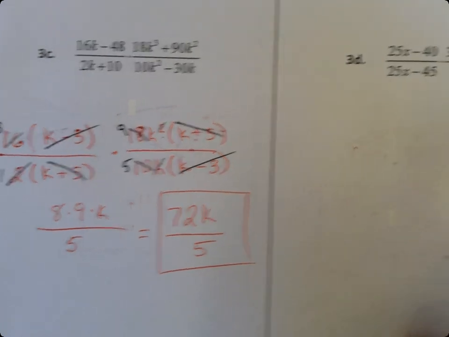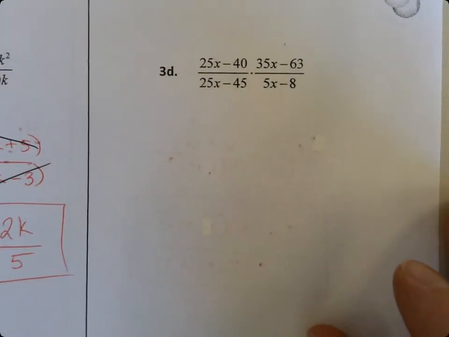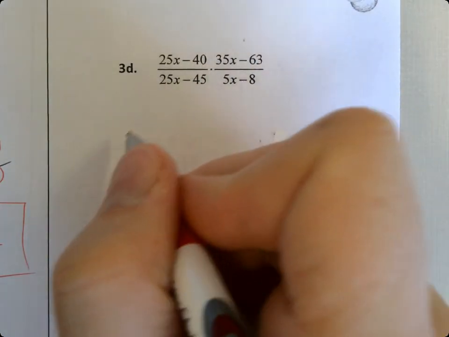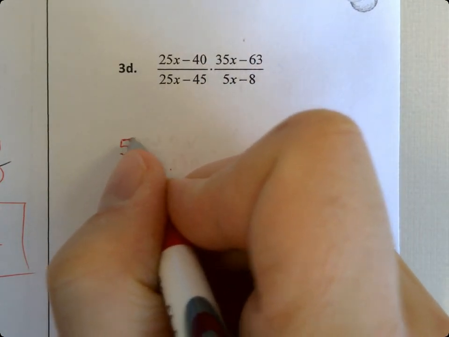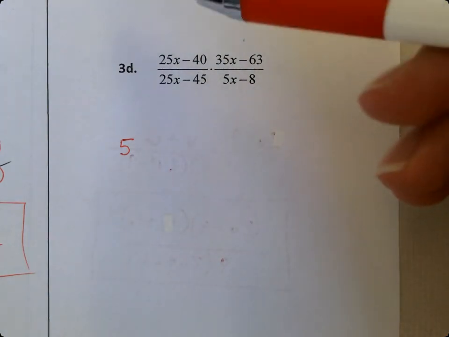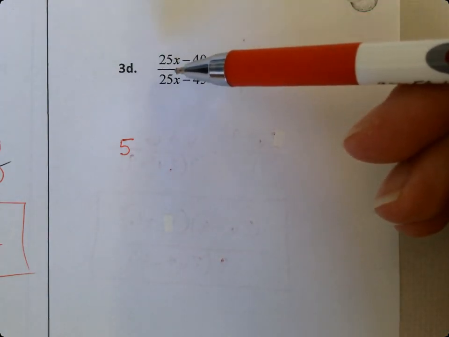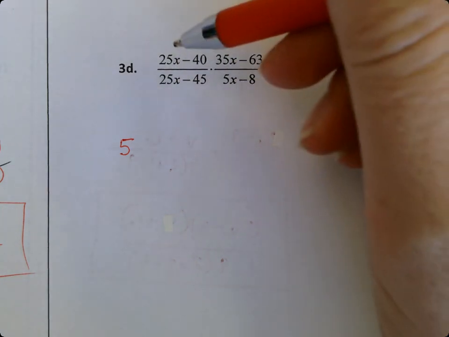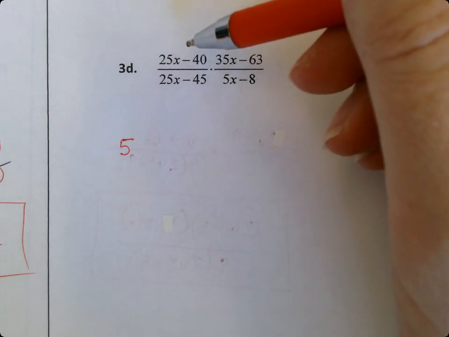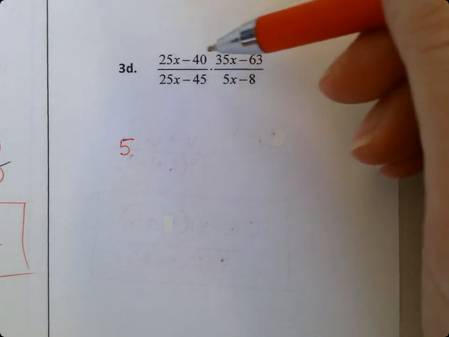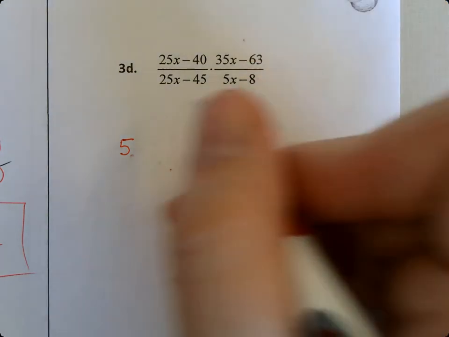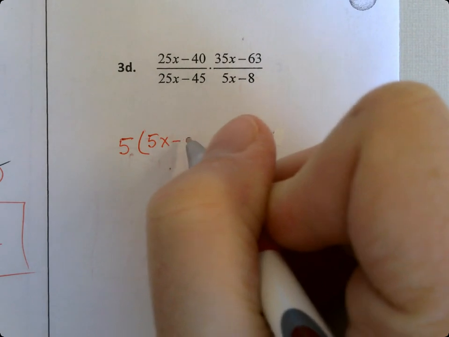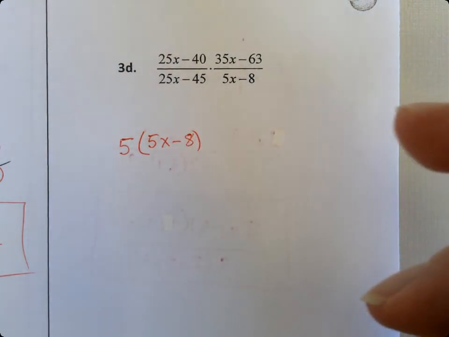All right, 3D. GCF with 25 and 40. It's going to be 5. Hey, I just want to make sure we're real clear. You can't come in and cancel the 25x and 25x. Are we all understanding that? You cannot. Well, the problem is it looks really easy. You can't cancel over this subtraction. It all has to be chunks of multiplication. All right, what's left? 5x minus 8. Stop it.